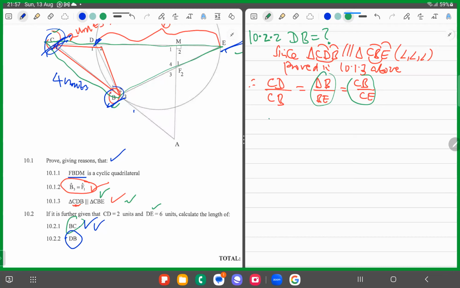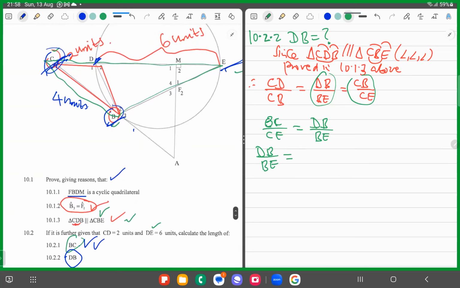So you have that BC is equal to, which means DB is equal to DB over BE.